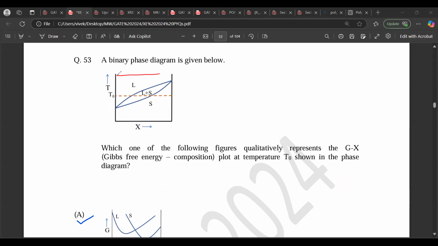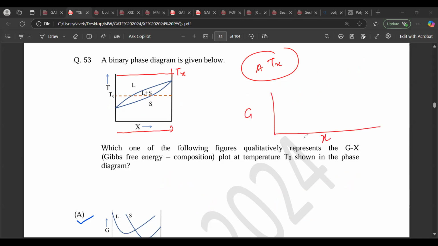I'm giving one temperature, let's say this temperature Tx. At Tx, I'm drawing the GX curve, X here and my G here. Across all the X values, everywhere, whether at this X value or this one, it is in liquid phase, because this whole area is liquid, right?